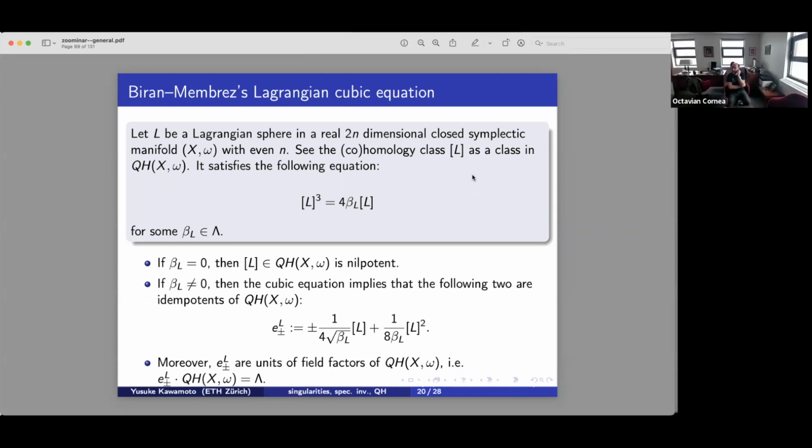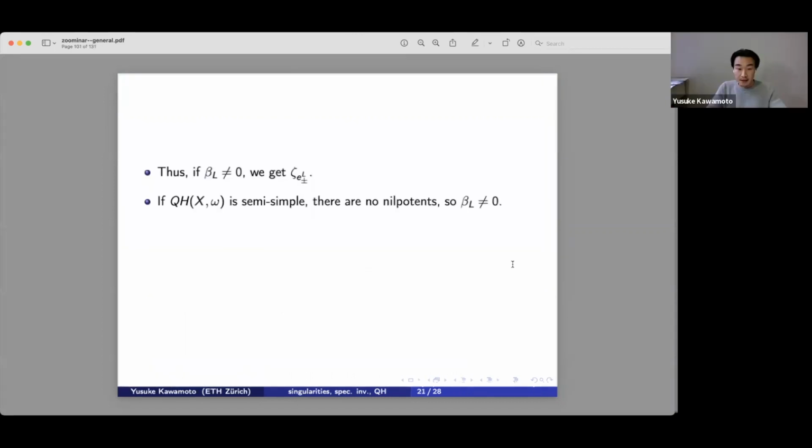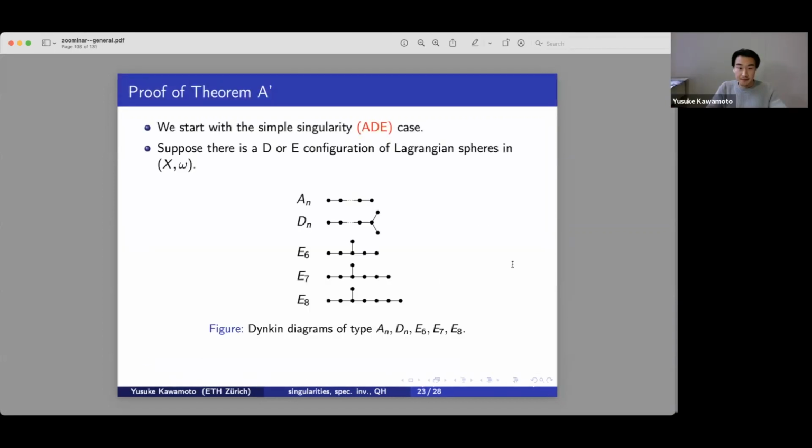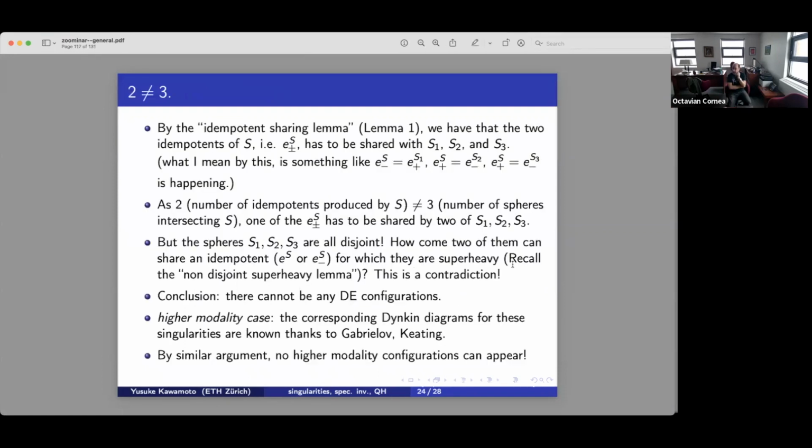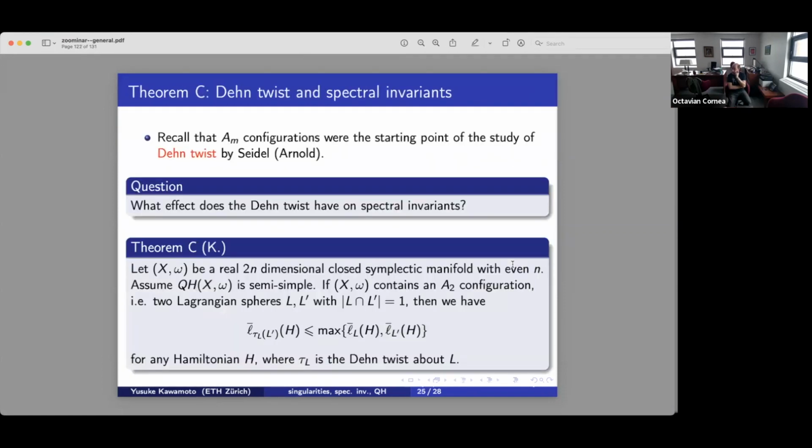And for this estimate you had for the Dehn twist, I might have forgotten the conclusion. The conclusion was that the spectral invariant for the Dehn twist is... can you prove it is equal to the maximum, or is it less or equal to the maximum? I don't know the answer.